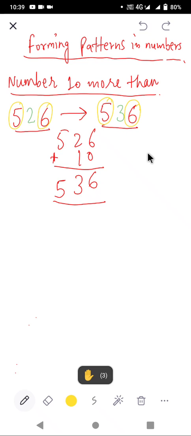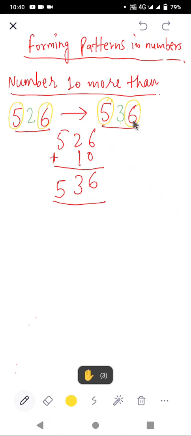So what has changed? Here only the tens place digit has changed. Earlier it was 2, and after adding 10 it becomes 3.